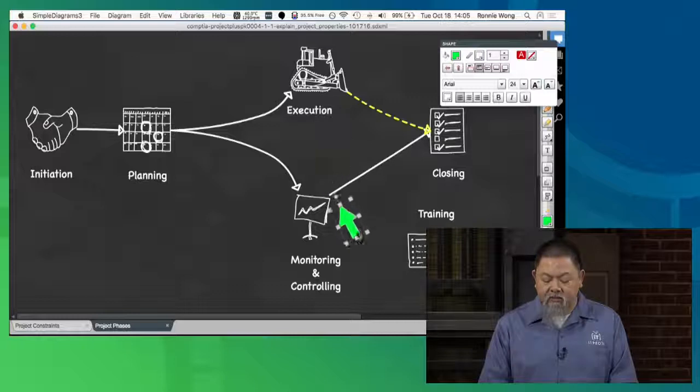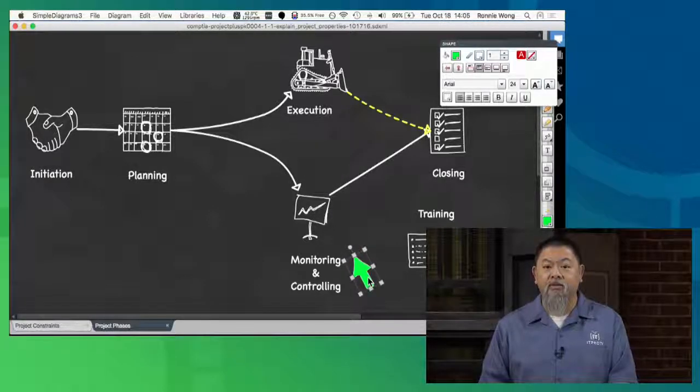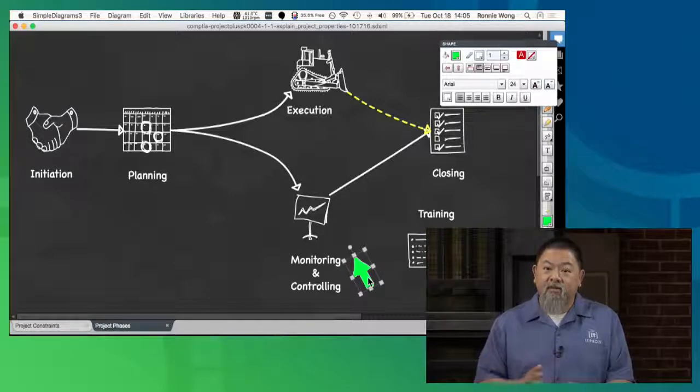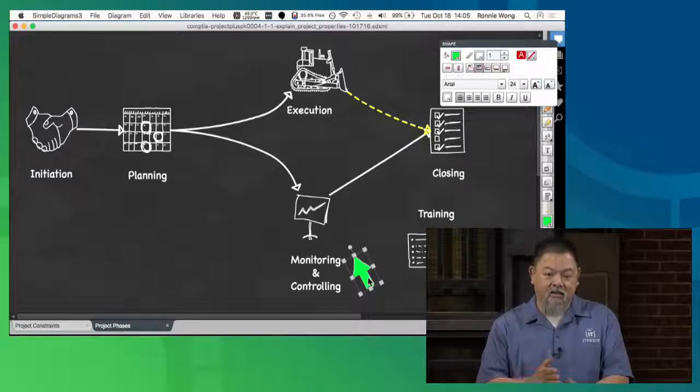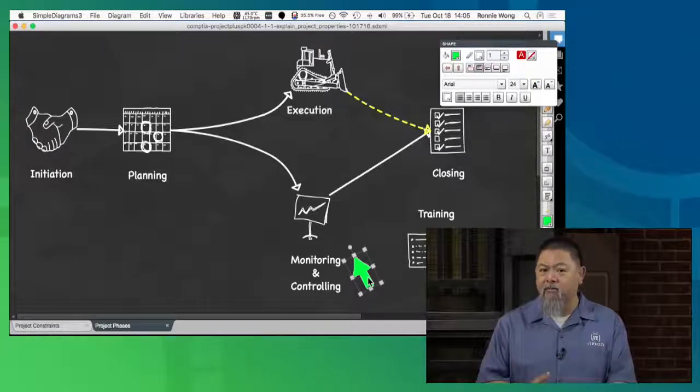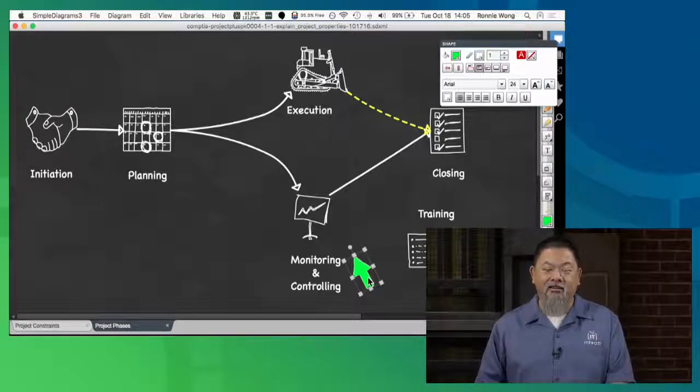And then, of course, monitoring, or you also hear the term monitoring and controlling a lot of times. Well, even though we tend to say it like this, right? We tend to go, there's an initiation phase, there's a planning phase, there's an execution phase, there's a monitoring phase, there's a closing phase. Even though you tend to hear us say it linearly like that, and that's how we're going to explain it during our show here today.